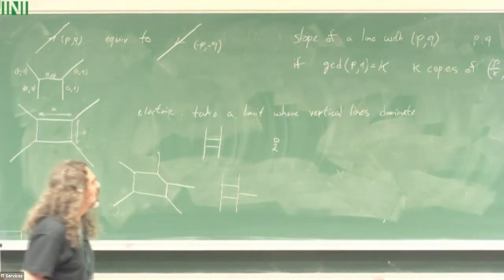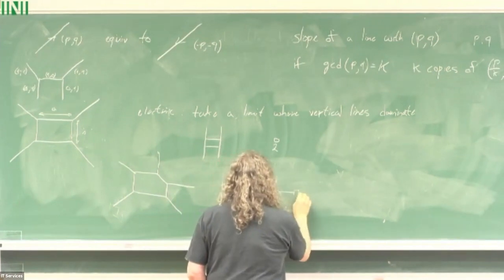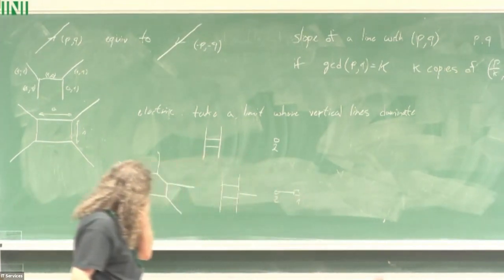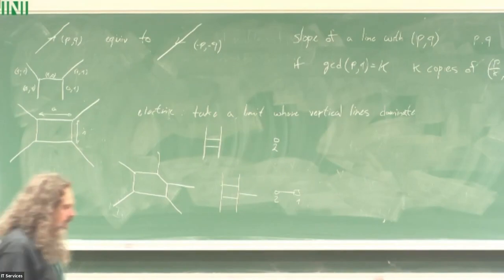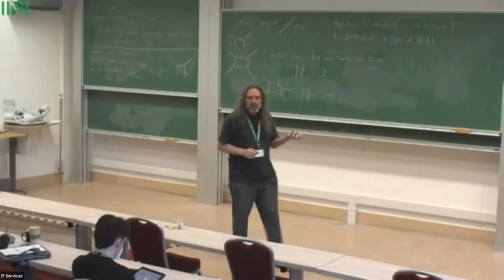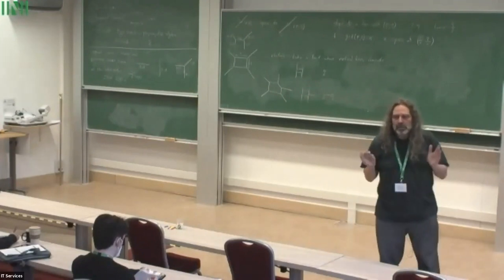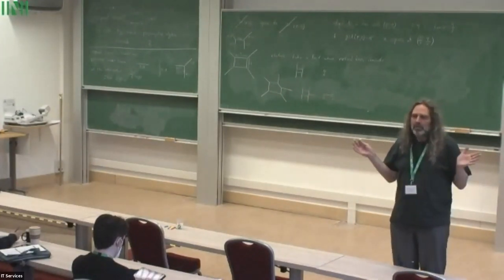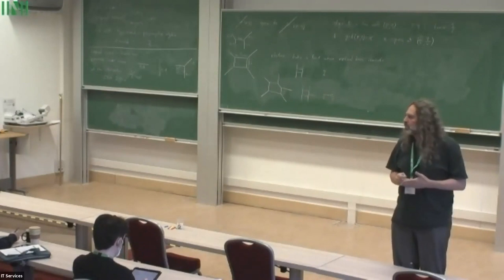And now I will have the quiver, which is 2 and 1. Okay. And again, as I said before, given a tropical curve, using this notion, I constructed the first type of quiver. Any questions?